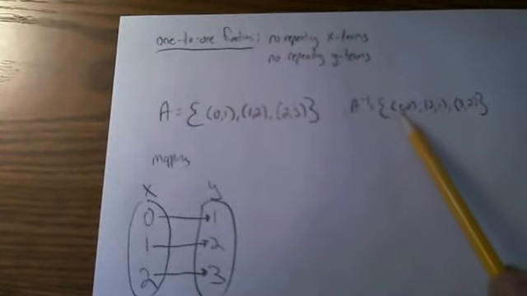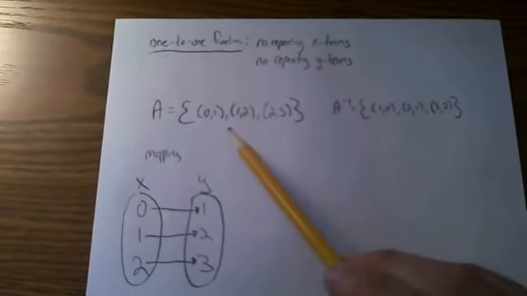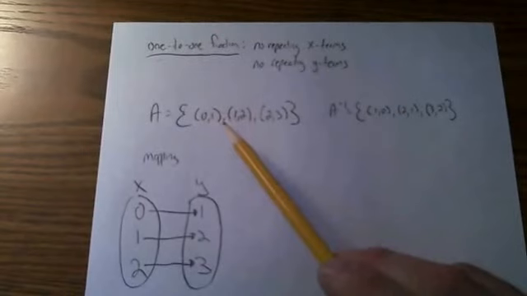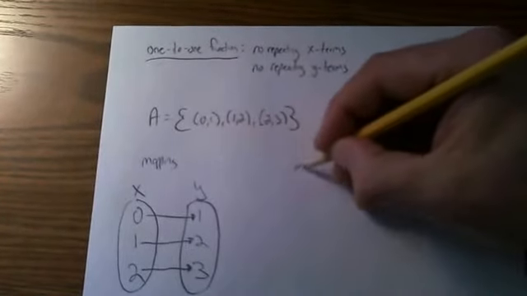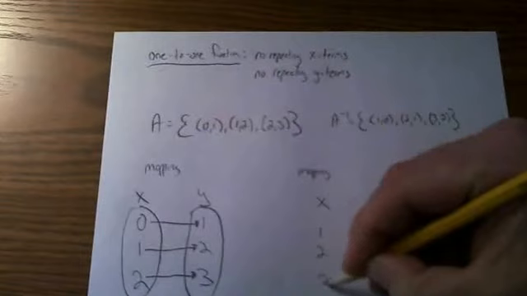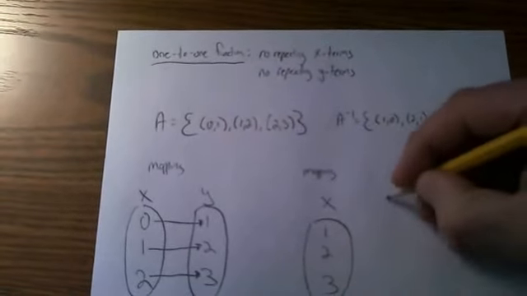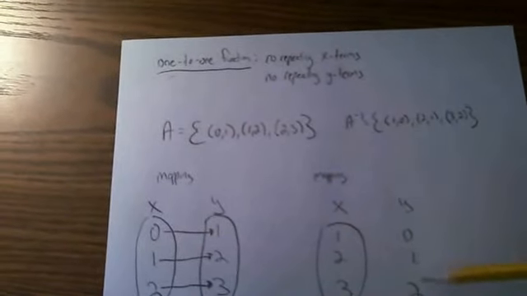A inverse is a function because it has no repeating x terms. Therefore, A is a one-to-one function because its inverse is also a function. So the mapping of A inverse would look like this. Our range became our domain, and our domain became our range.